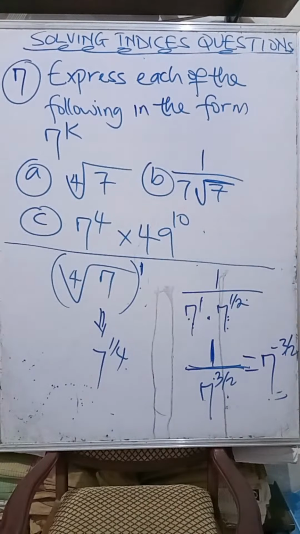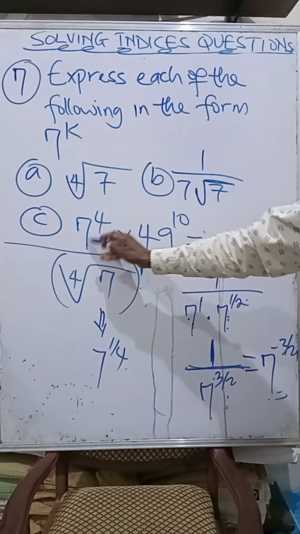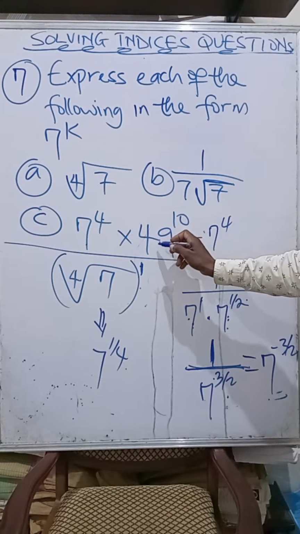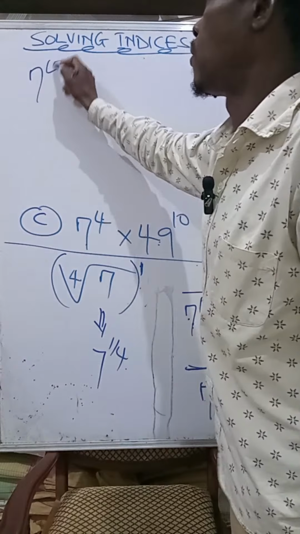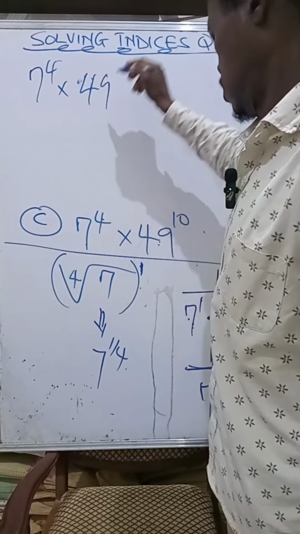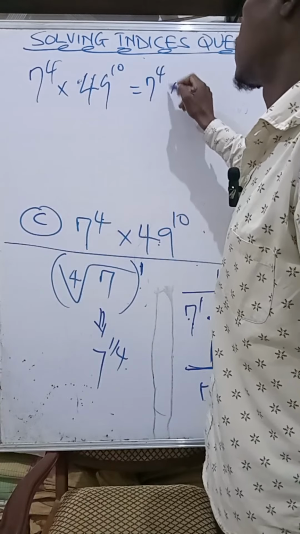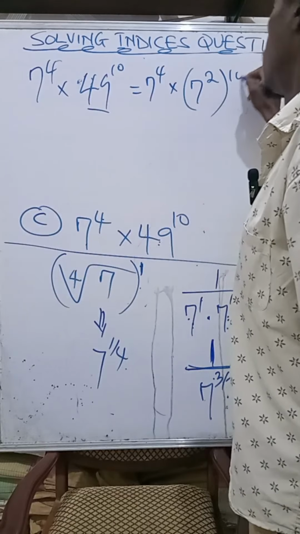The C part is going to be 7 to the power 4 times 7 times 49 to the power 10. 49 is also 7 to the power 2. So that's equal to 7 to the power 4 times 7 times 7 to the power 2, all to the power 10.